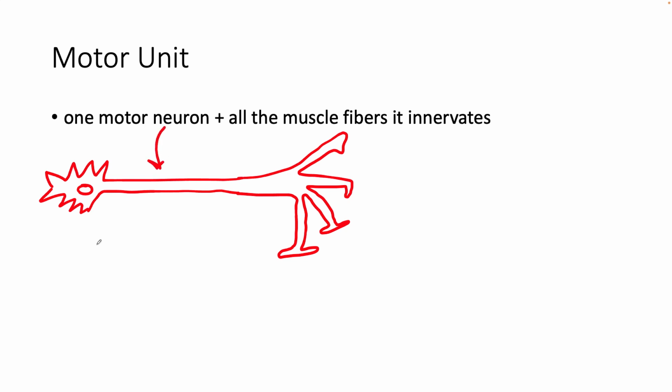And this motor unit is that motor neuron and all of the muscle fibers that it innervates. So each of these is an individual muscle fiber. And the one that I just drew had 4 little branches off of the axons, 4 little terminal ends.